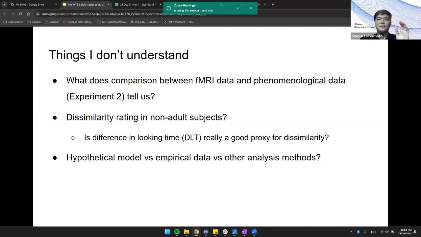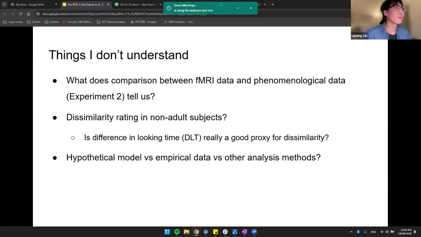So they compare the hypothetical model and infant DLT data first, and then they compare the fMRI data and DLT data from infants. Is it correct?